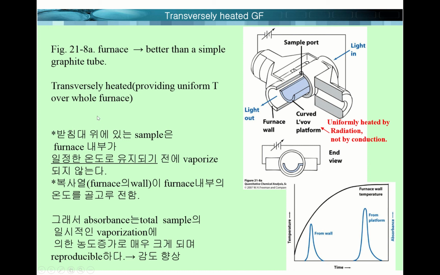This transversal heating system provides uniform temperature distribution over the whole furnace, so it has an advantage over ordinary types of furnace. In this way you can have a uniformly heated furnace.